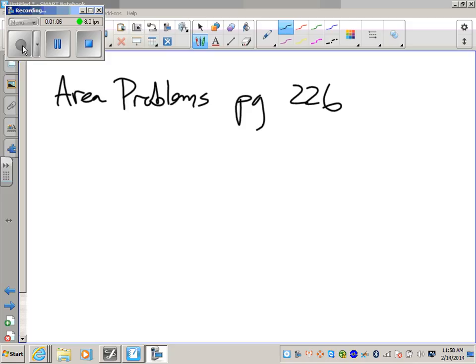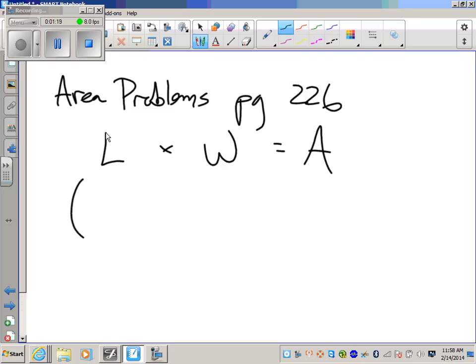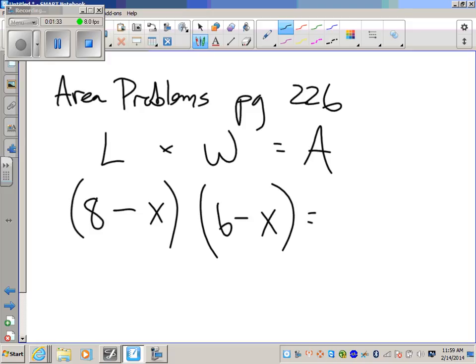Okay, so if we think of length times width equals the area, the length is 8, but I'm going to reduce it by something. And the width is 6, but I'm going to reduce that by something. Now, if I were going to reduce the length and the width by different amounts, how would I show that?